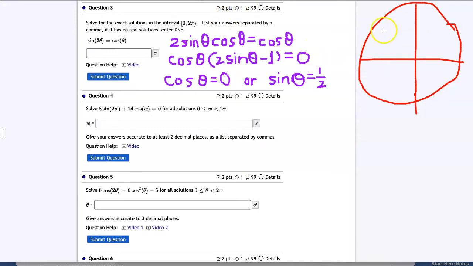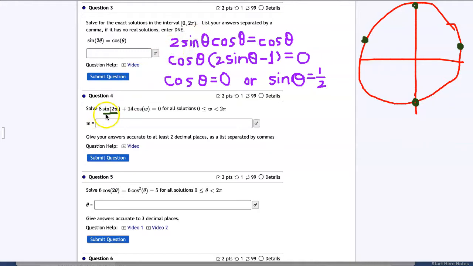So the cosine is equal to 0 up at the top at pi halves, down at the bottom at 3 pi halves. The sine value is 1/2 at pi sixths and 5 pi sixths. Now this technique right here is the same technique you'll use down here. Notice in question number 4 we again have a sine of 2 times an angle, so use the exact same substitution.